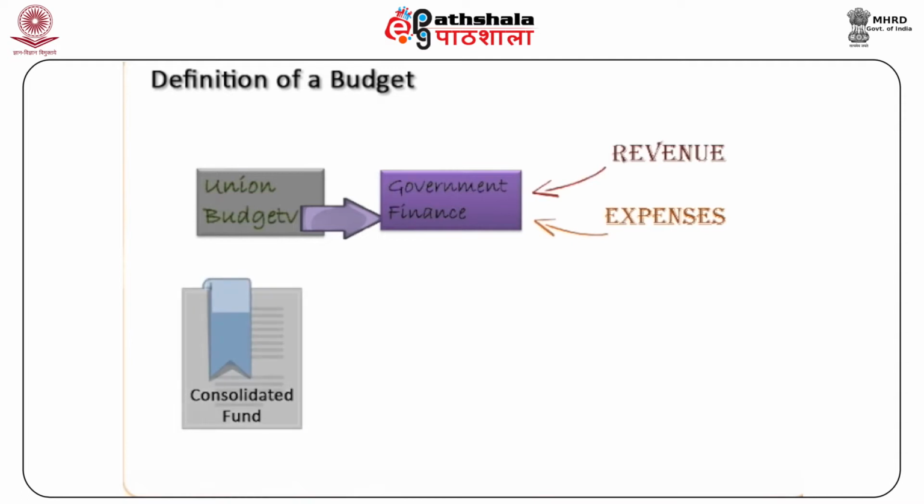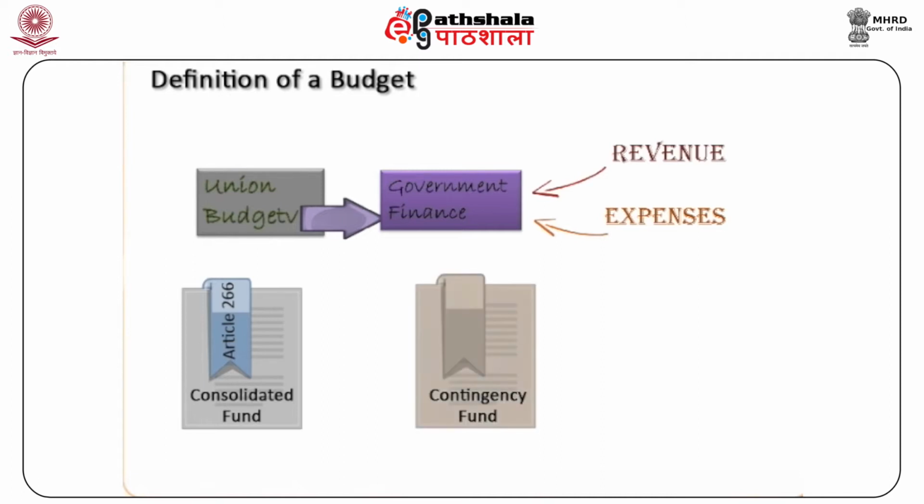First, Consolidated Fund under Article 266. All revenues received by the government, the loans raised by it, and receipts from recoveries of loans granted by it form the Consolidated Fund. All expenditures of the government are incurred from the Consolidated Fund, and no amount can be withdrawn from the fund without authorization from Parliament.